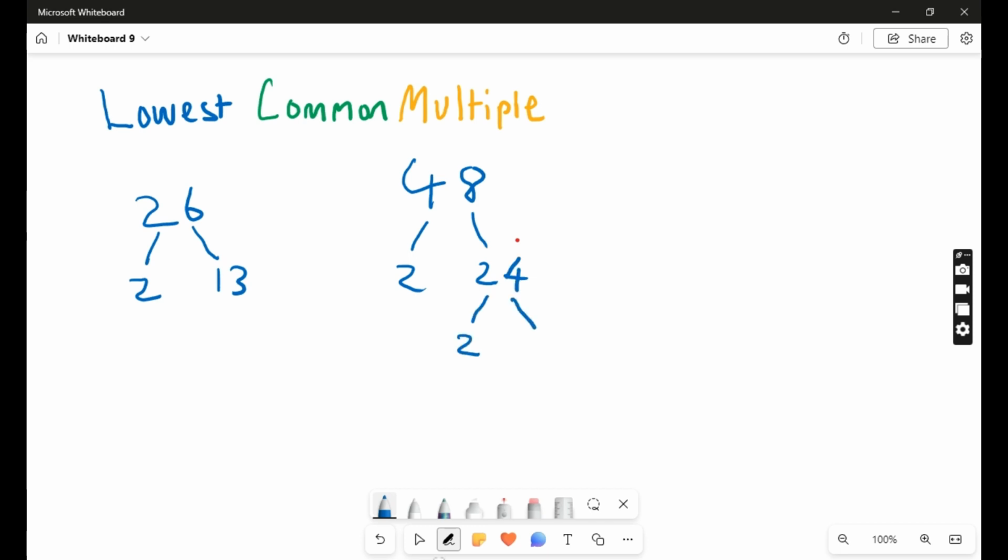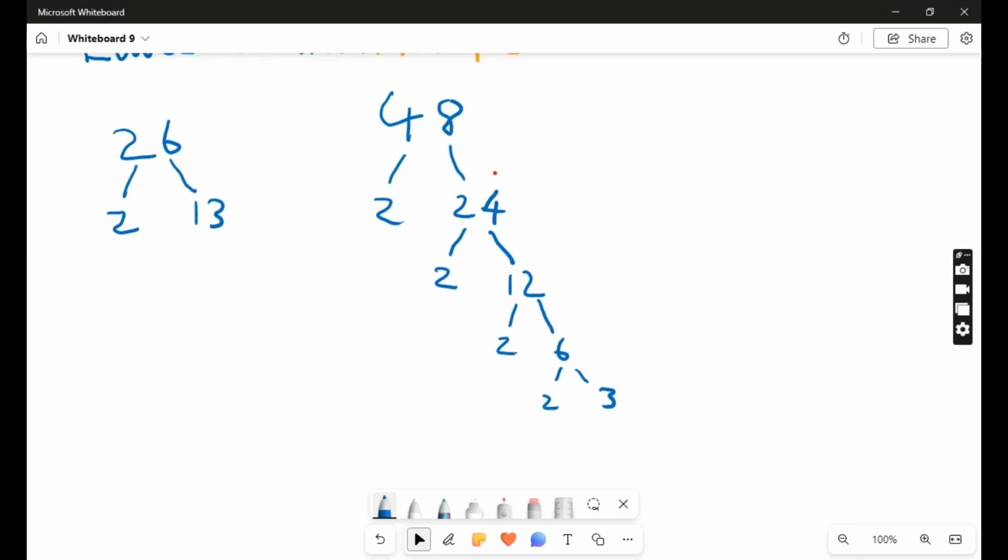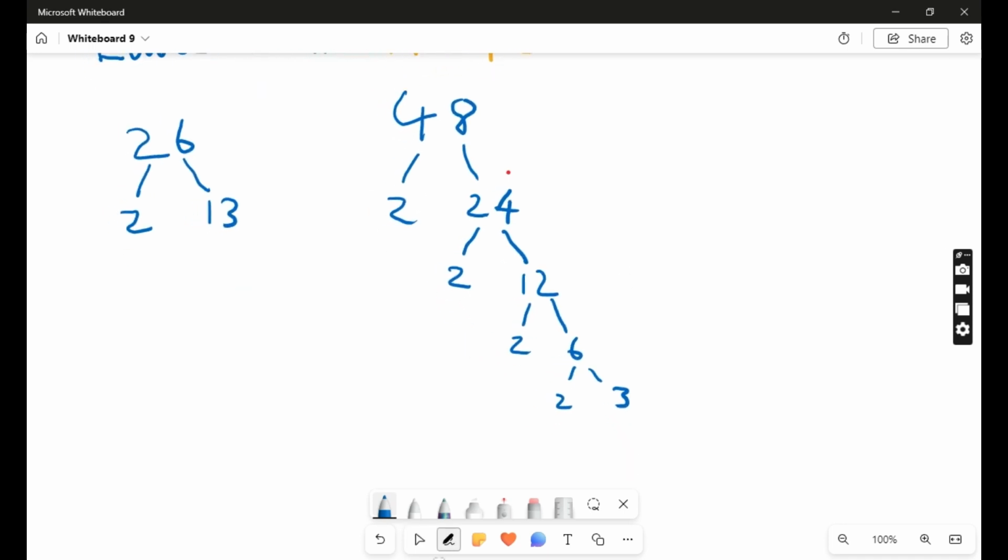We'll use 2 again, and 12, and 2 and 6, and 2 and 3. So 26 as a product of its factors is 2 times 13. And 48 as a product of its factors is 2 times 2 times 2 times 2 times 3.